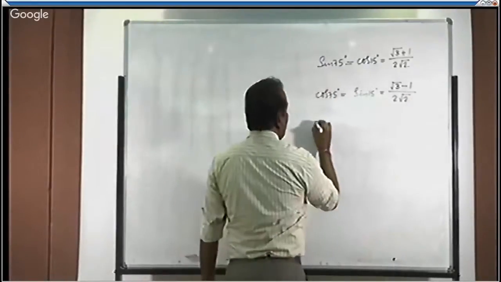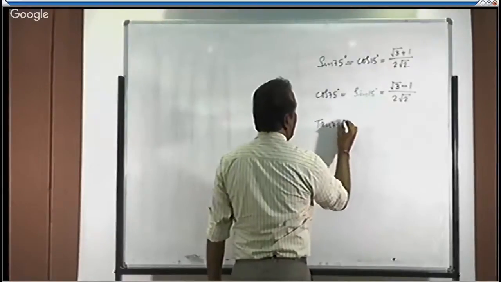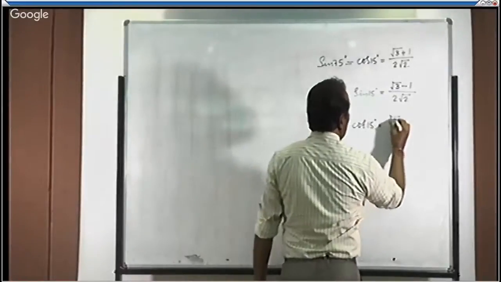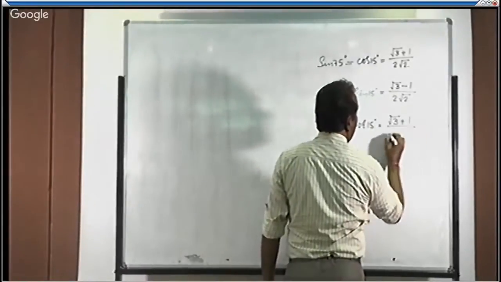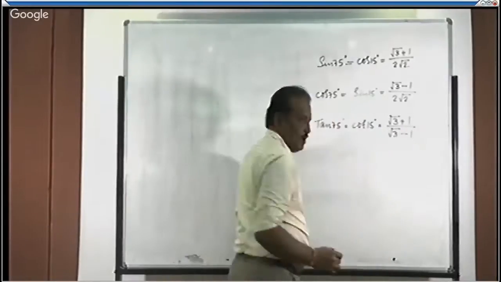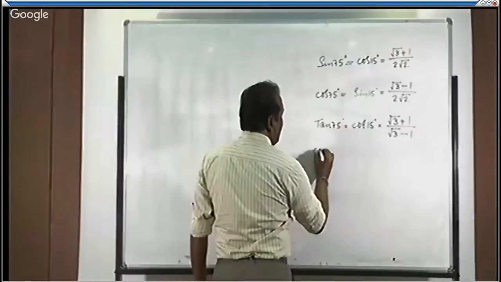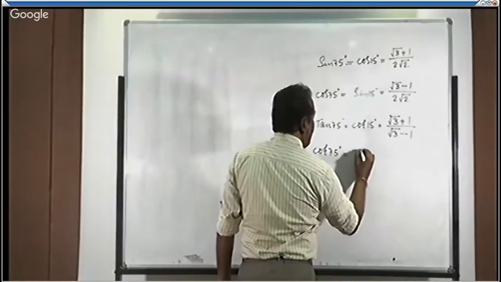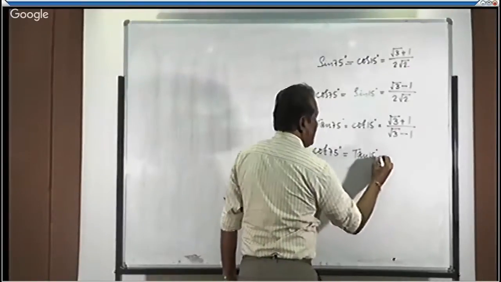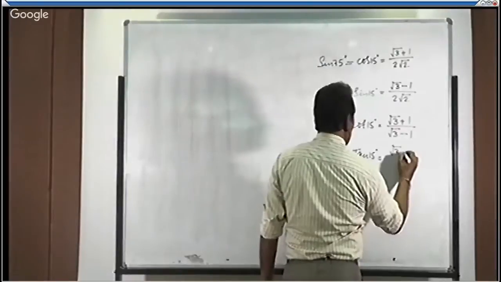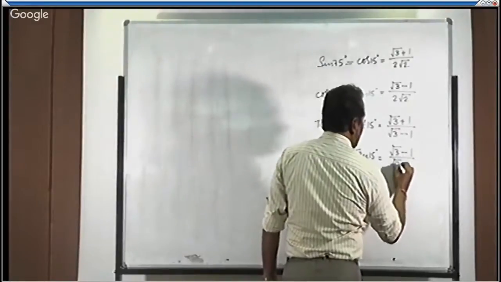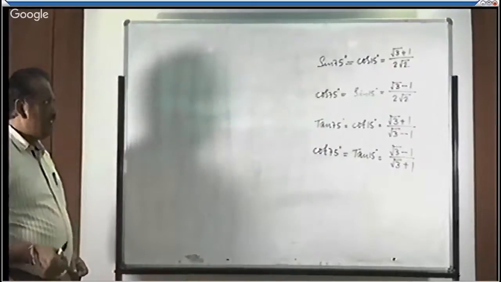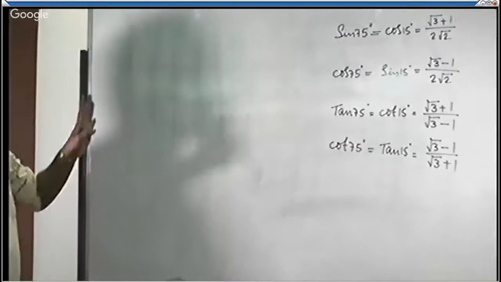The value of tan 75 degree, which is equal to cot 15 degree, is equal to root 3 plus 1 divided by root 3 minus 1. And also we proved the numerical value of cot 75 degree, which is equal to tan 15 degree, which is equal to root 3 minus 1 divided by root 3 plus 1, right? So these are the results. Even though they are not standard results, try to remember these results in this fashion.